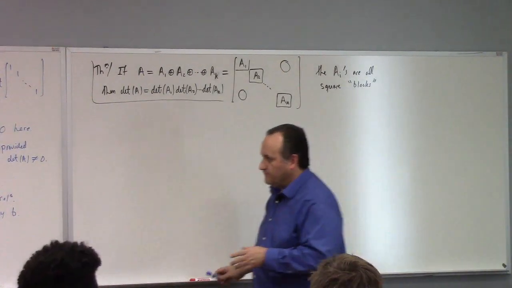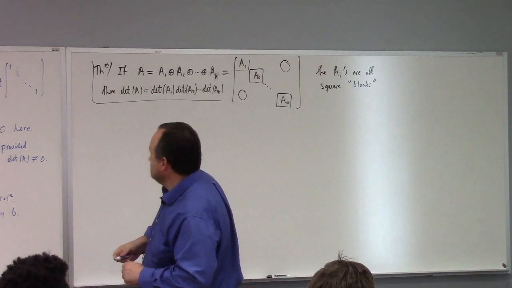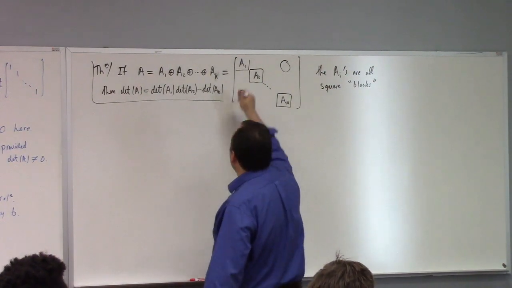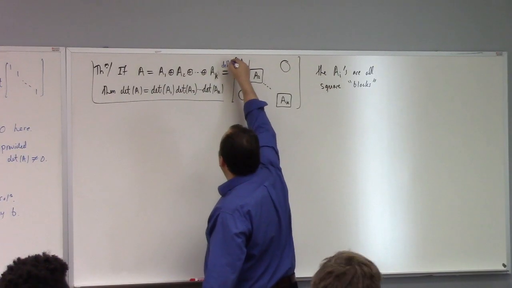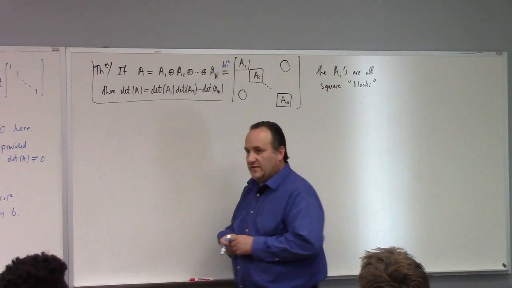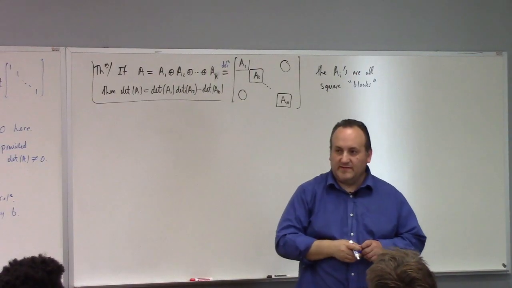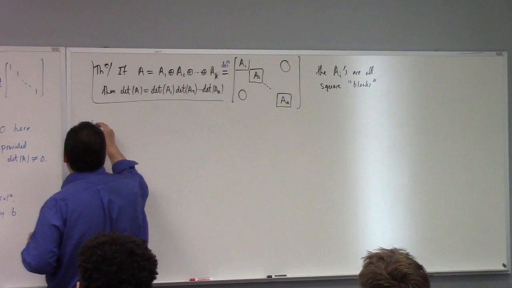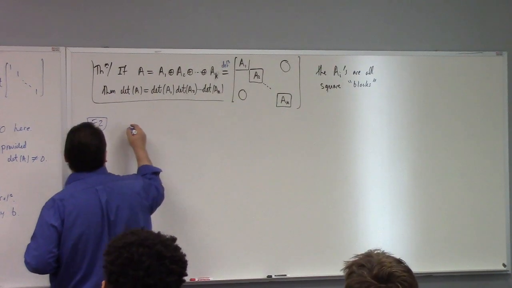Let's look at an example. Yes, sir? What is that plus circle? What does that represent? Oh. You aren't adding them together. That's right. It's not addition, because I'm adding together different sized matrices.